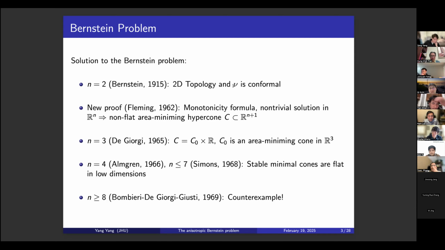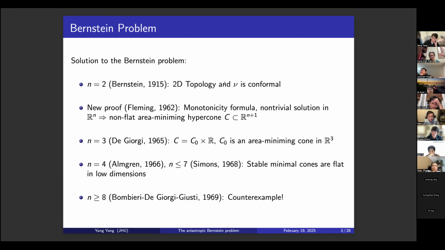If one attempts to generalize this 2D topological argument to higher dimensions, one immediately runs into trouble. So in order to generalize the Bernstein theorem to higher dimensions, some new ideas were needed. It was not until 1962 that Fleming came up with a new idea which really had hope of generalizing to higher dimensions.